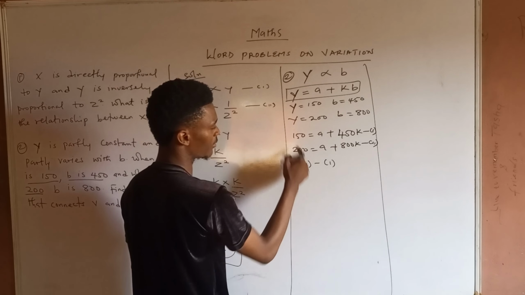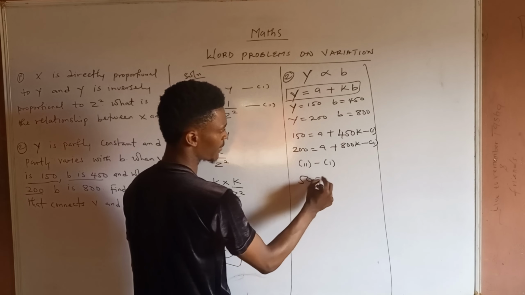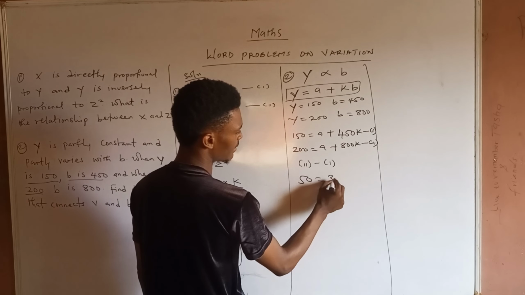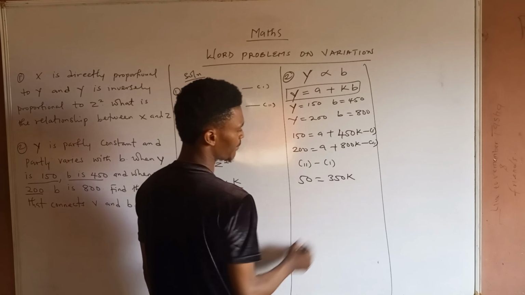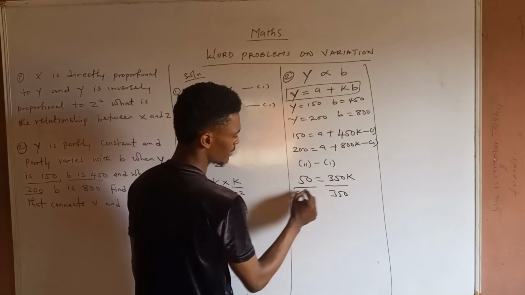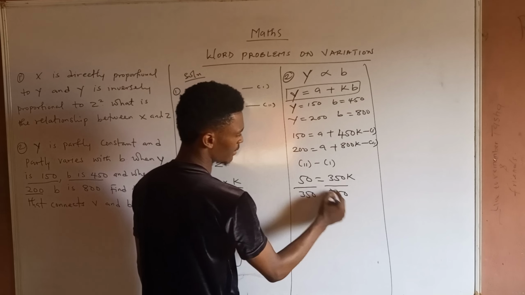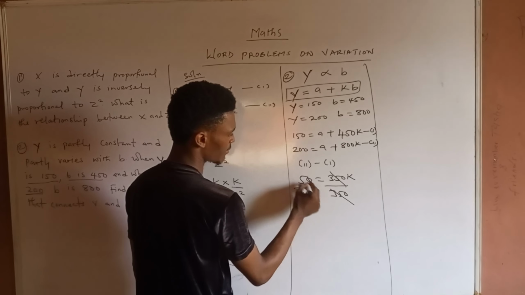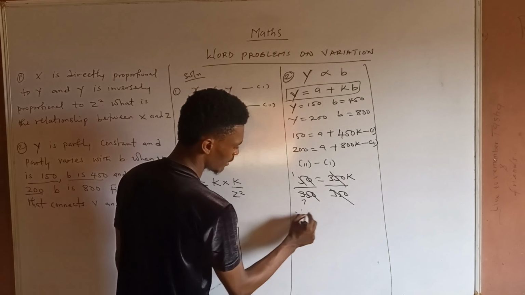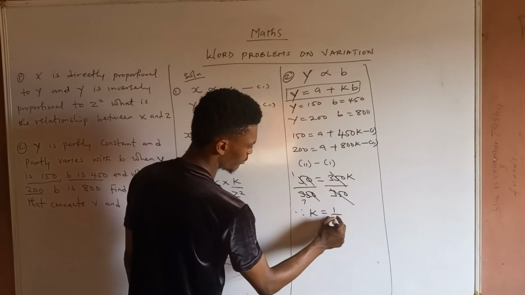So that becomes 200 minus 150, that's 50, equal to a minus a is 0, then 800 minus 450, that's 350k. So from here, I can divide both sides by 350 to get k. So 350 cancels this, then of course 5 into itself is 1, 5 into 35 is 7. So therefore our k is equal to 1 over 7.